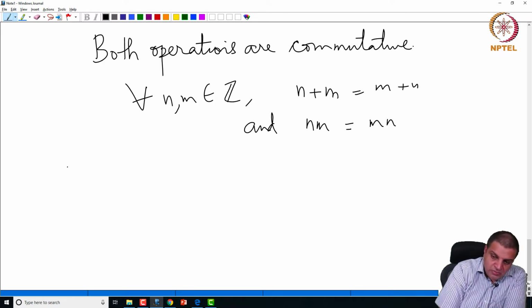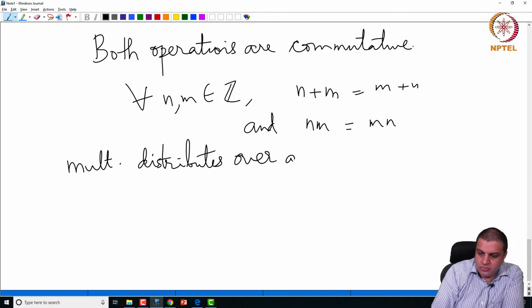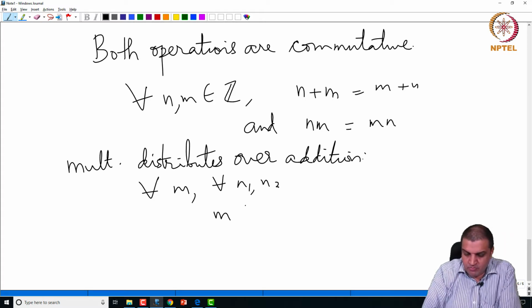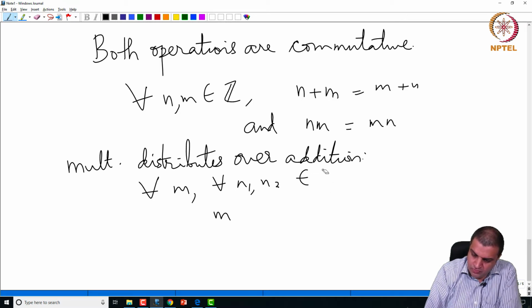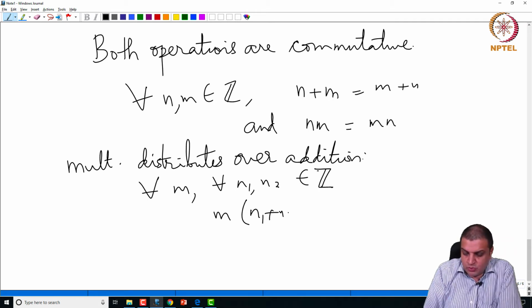And multiplication distributes over addition. In other words, for all integers m and for all integers n1 and n2, all of this inside Z, if you take m times n1 plus n2, this is the same as m n1 plus m n2.